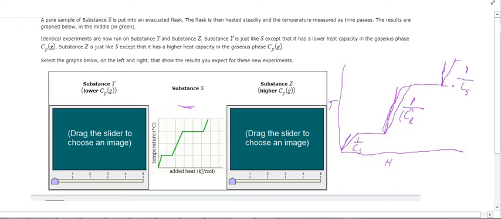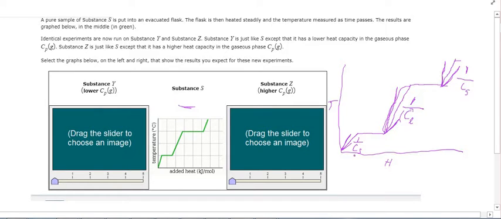If the heat capacity is larger, it just takes more heat. As heat capacity goes up, it's going to tend to flatten that part of the curve, making it much flatter, not totally flat, but flatter.